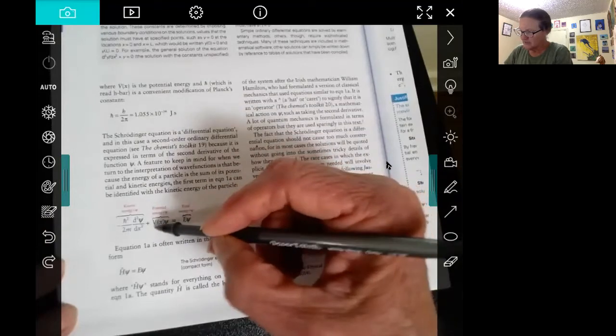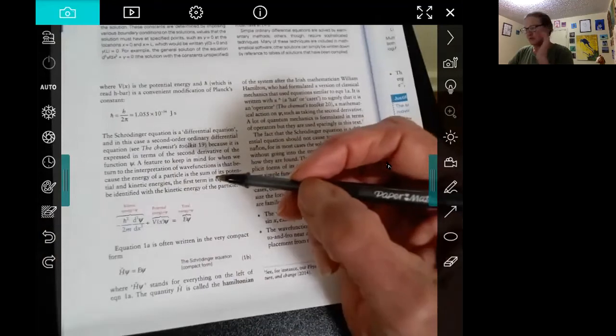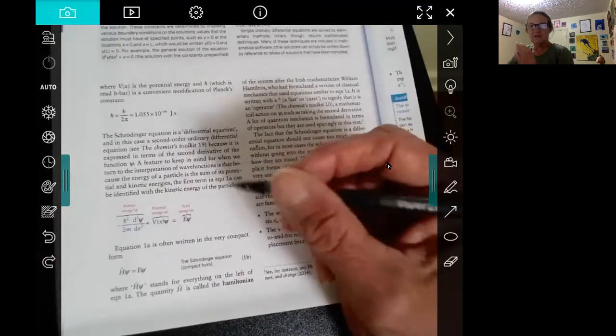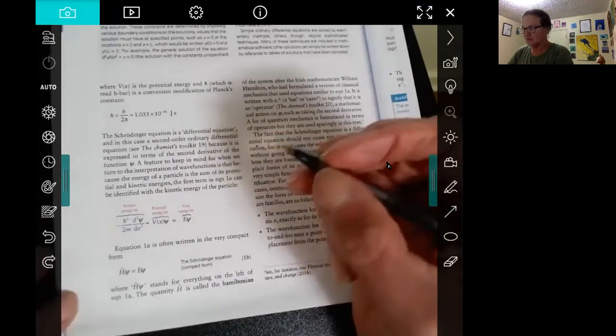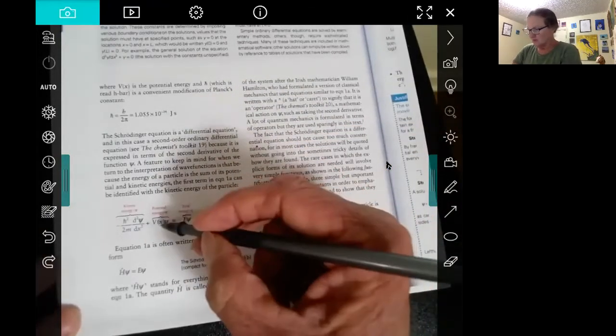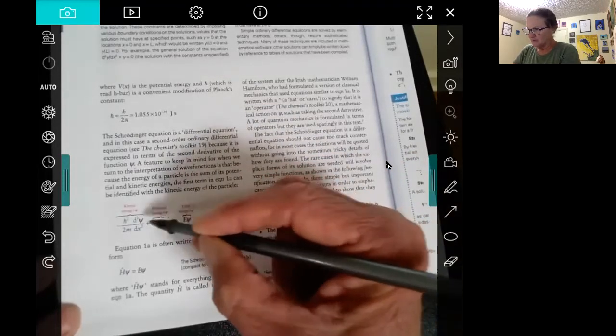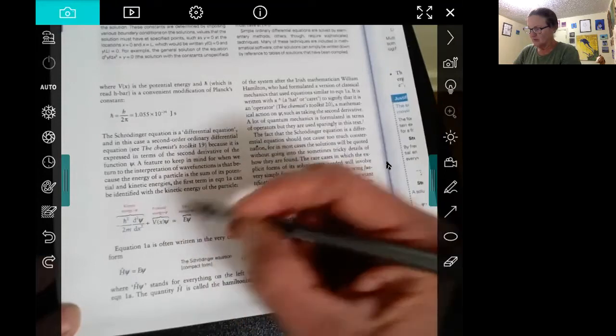So this says potential energy is a function of x. So we have a particle that can move in one dimension, and maybe at some point it interacts with another charged particle, something like that. So we need to know the functional dependence of the potential energy. That's multiplied by the function. So here we took a derivative, here we're multiplying.